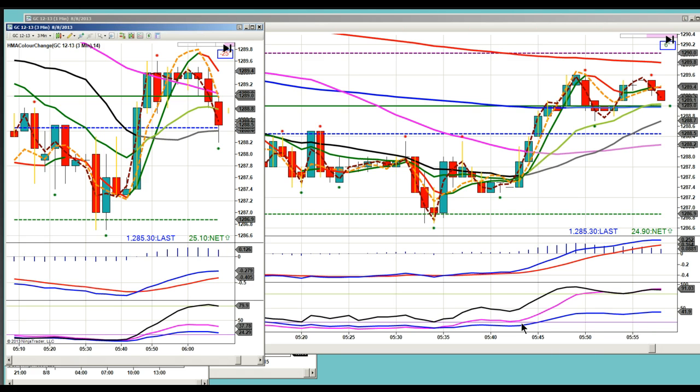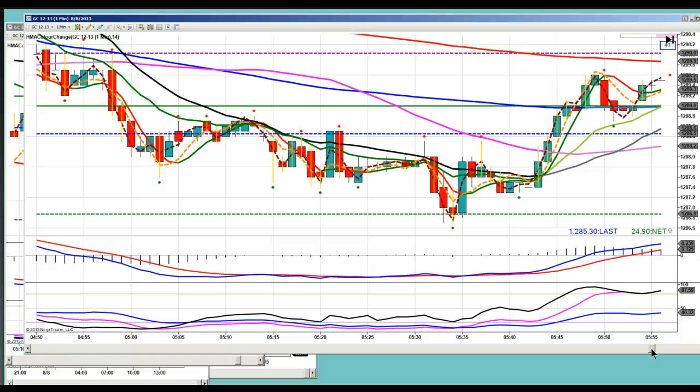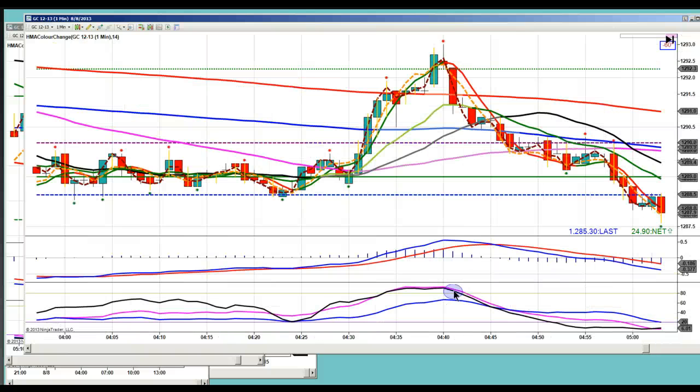Now, these STOs were not perfectly clustered together, but at least the 100 crossed the bottom, and now we're crossing back up in that scenario. So they're not always going to be perfect. Sometimes I will take these ones here, where the 50 and the 20 are going down.